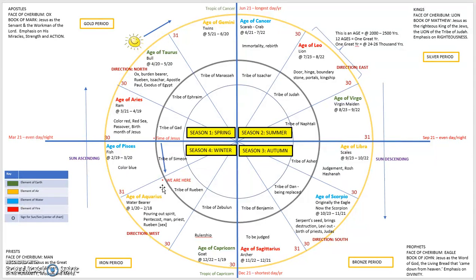The information that I was learning about the age of Aquarius was that this is the man with the water. He's the water bearer. And so we know it represents pouring out the Spirit. It represents Pentecost. It represents a man. It represents a priest. And it represents Reuben.